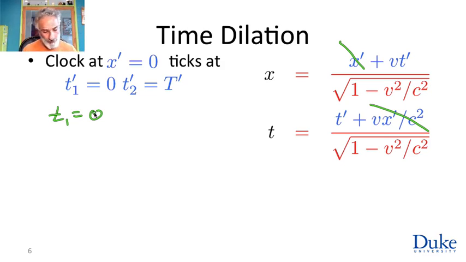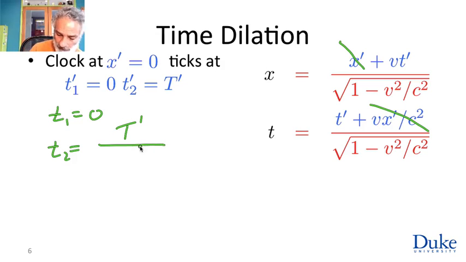Okay, that's good. We agree that the clock was ticking at the same event, which was the meeting of the observers. Excellent, we agree about that. Events are unambiguous things. But then what about t2? Well, t2 is equal to t prime, now blue t prime, pardon me for not respecting the color scheme, but so it goes, divided by the square root of 1 minus v squared over c squared.